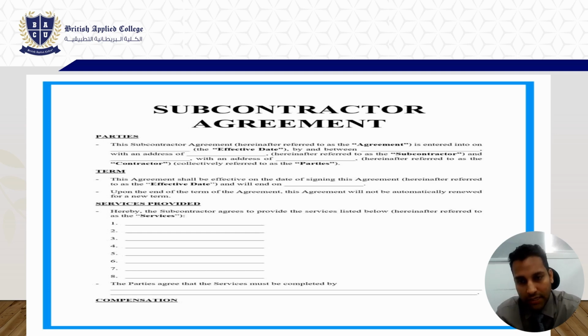For example, the main contractor has to construct an entire hotel. So is the subcontractor constructing roads near the hotel, or doing the landscaping work, or painting work, or whatever it is? This would be your subcontractor's agreement.